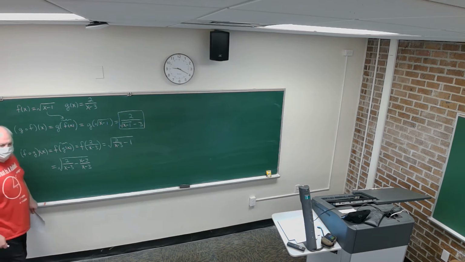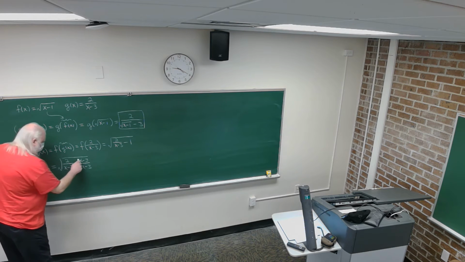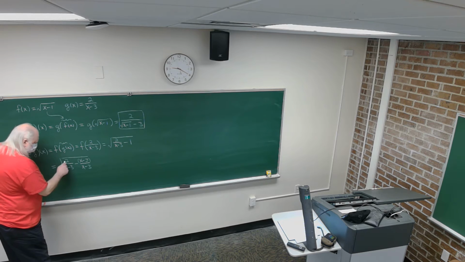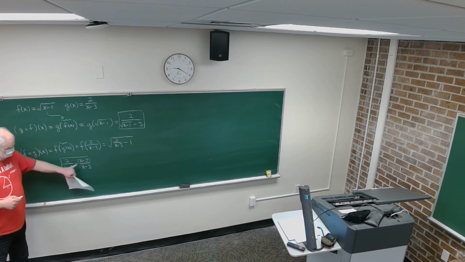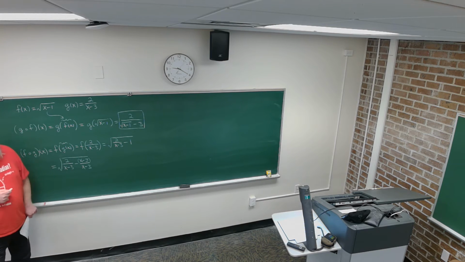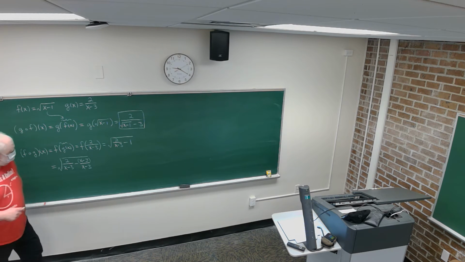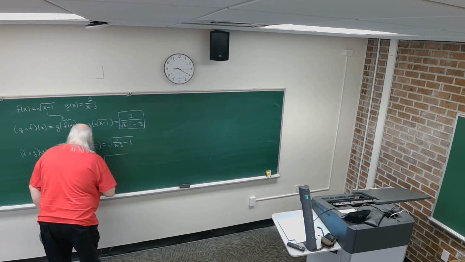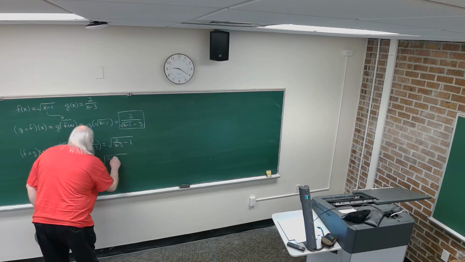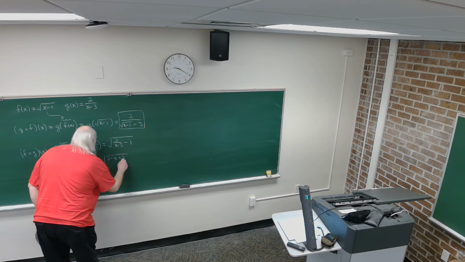And now we can combine the numerators because we have a common denominator. I want to emphasize when we combine the numerators, it's 2 minus x minus 3 in parentheses. We're not just subtracting the x, we're subtracting minus 3 as well. And so when you simplify the numerator, we have 2 minus x plus 3 over x minus 3.